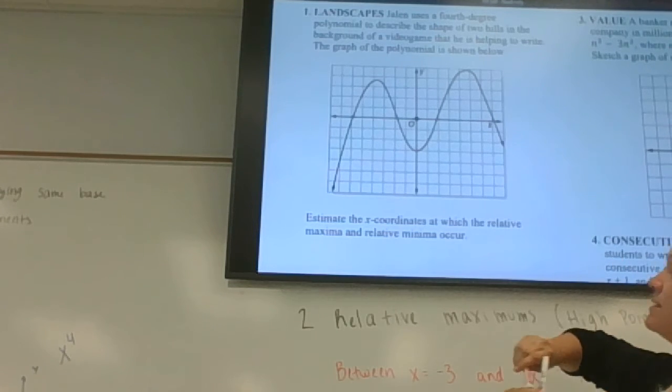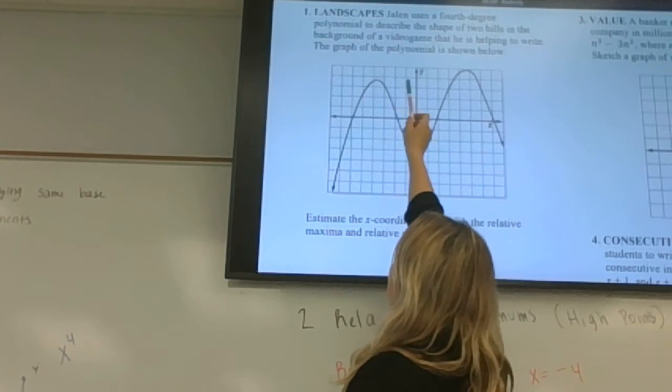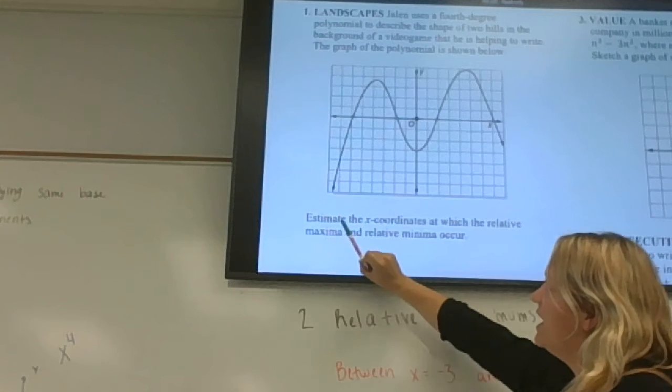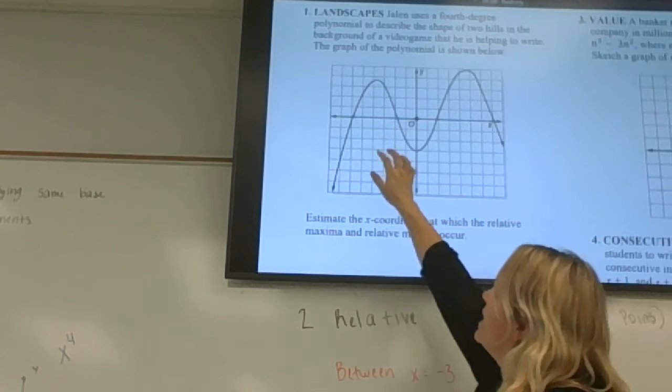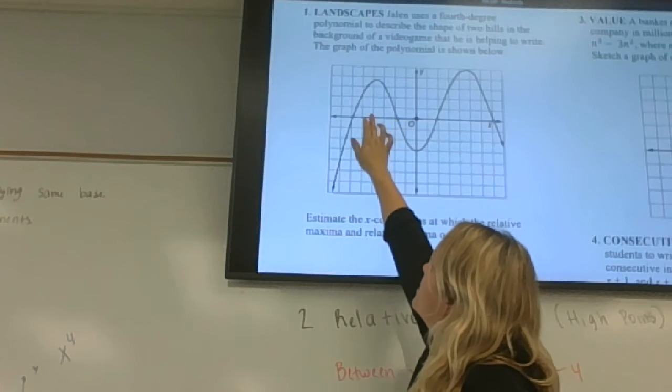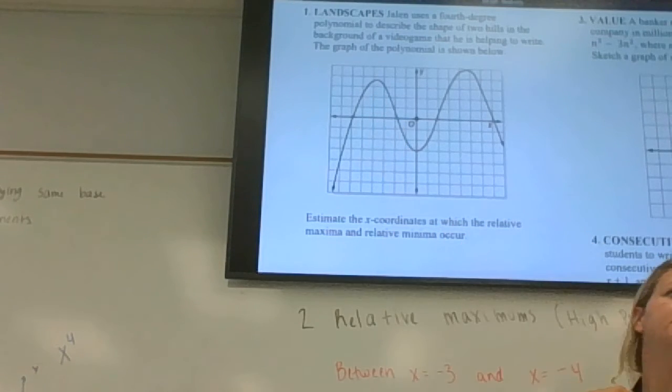A lot of people hear maximum and think they should identify this y value. Estimate the x coordinates where they occur. The x coordinate is between here and here. And that's where your maximum is.